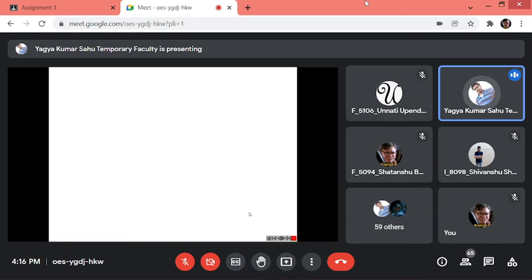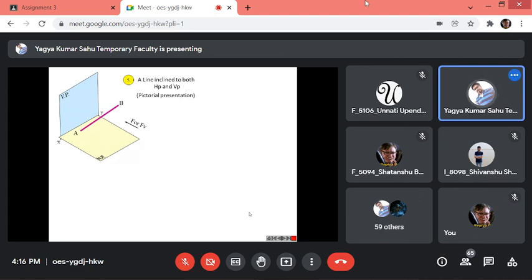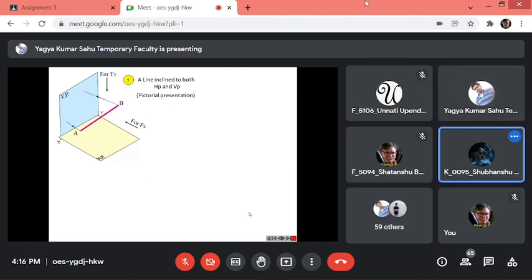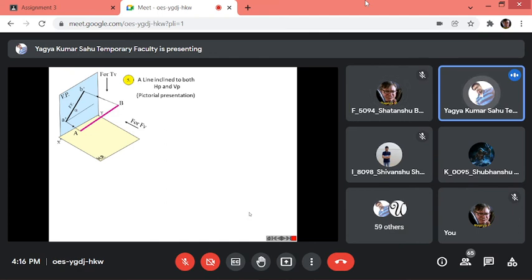Is it visible to all of you? See, the line AB is inclined to both of the reference planes. Yes, sir. At an angle of alpha we are getting A dash B dash, and at an angle of beta we are getting AB. So these are the final projections.